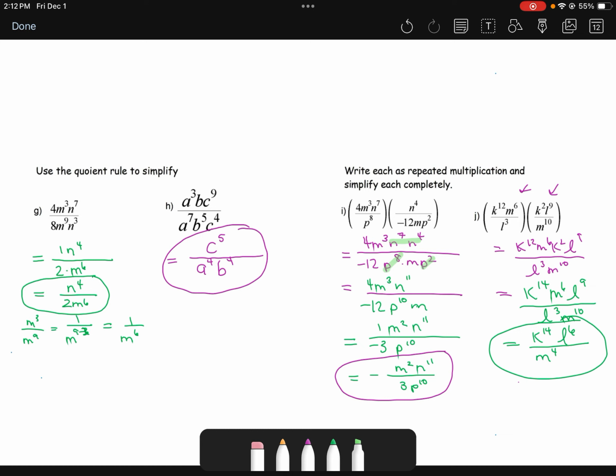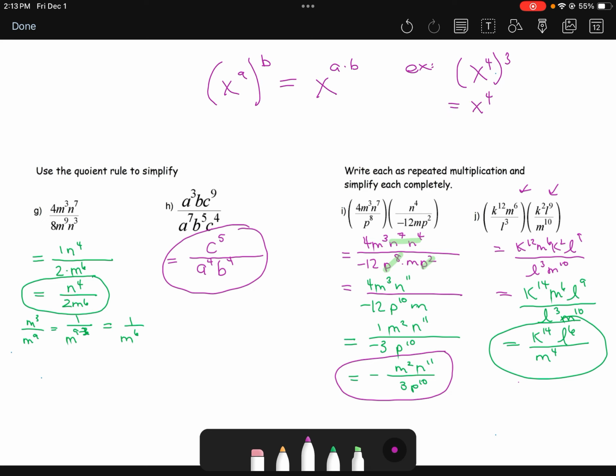There is one other rule that you might look at, which is your power rule. So that's just an exponent to an exponent. I just want to show you really fast what that is. If you have x to the a to the b power, what you're doing here is you multiply. So for example, let's say I had x to the 4th cubed.